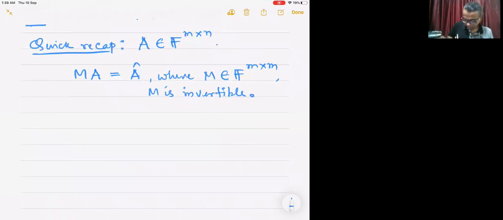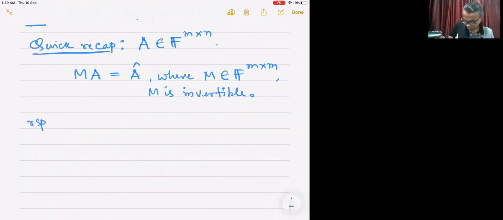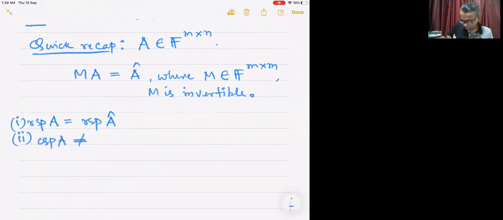What we have found out is that if we look at the column span of A, of course, the row span remains invariant. So the row span of A is the same as the row span of A hat. No doubt about that; we have seen it before. However, the column span of A in general is not equal to the column span of A hat.